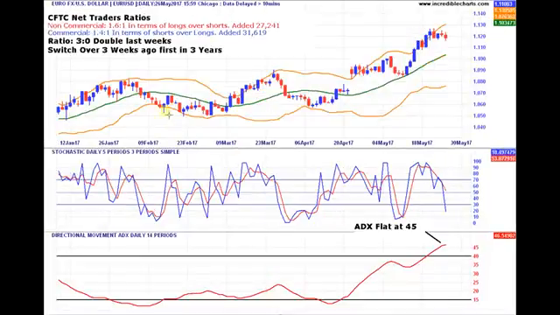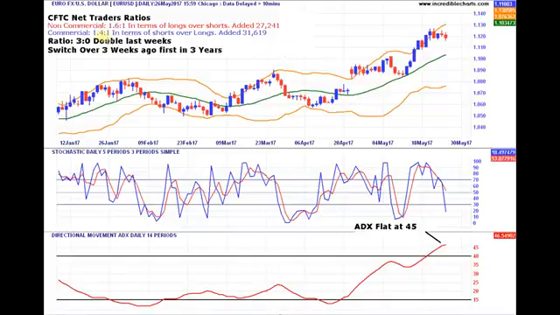Okay, we're on the Euro USD daily chart. Let's have a look at the CFTC net traders ratios. Now, in terms of non-commercials, they're 1.6 to 1 in terms of longs over shorts, which is not a big amount or a big divergence, so to speak, but they did add 27,241 longs.